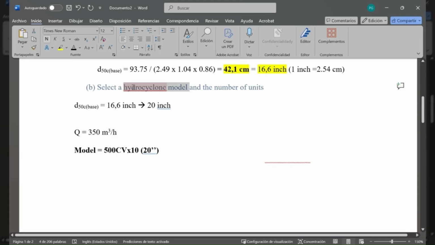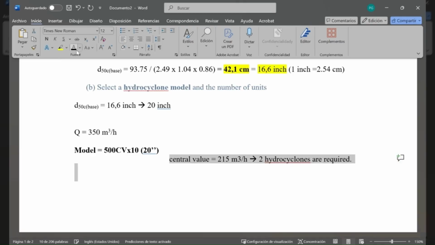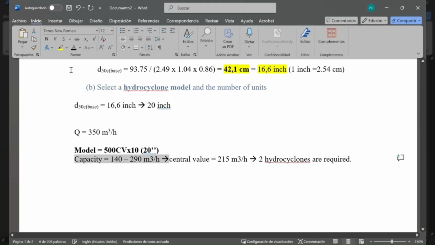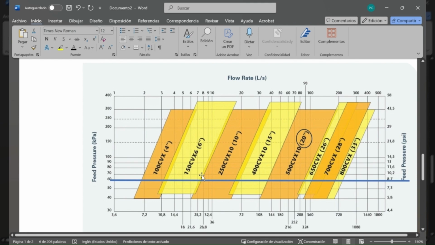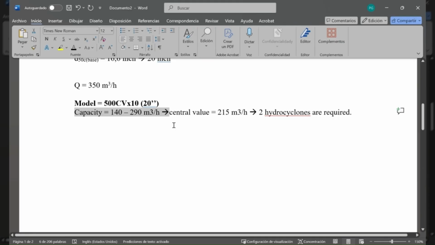Hydrocyclone model, this is checked. And the capacity ranges between 140 and approximately 290. So we take a central value, which would be the average of these two. Since 350 is larger than this, one hydrocyclone is not enough, so we calculate two hydrocyclones.